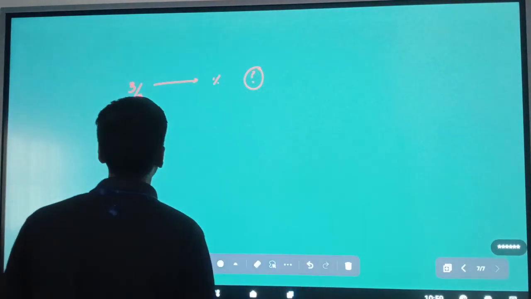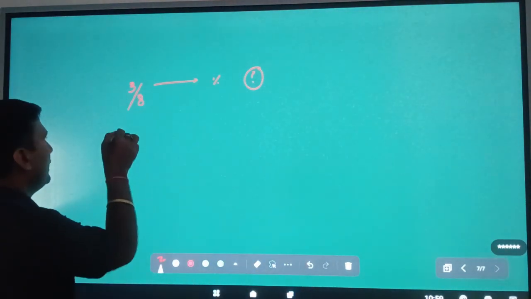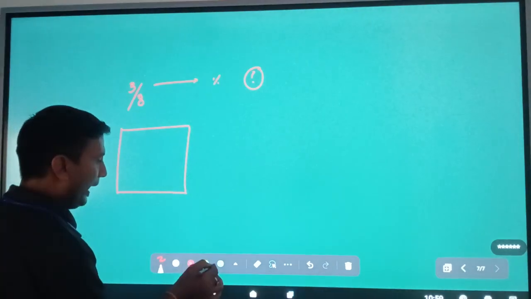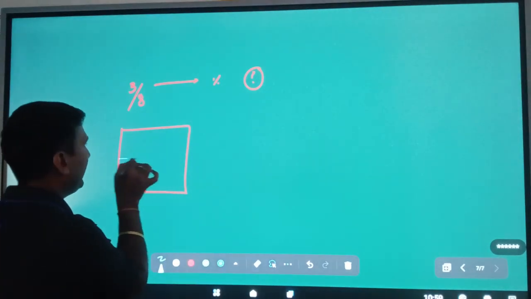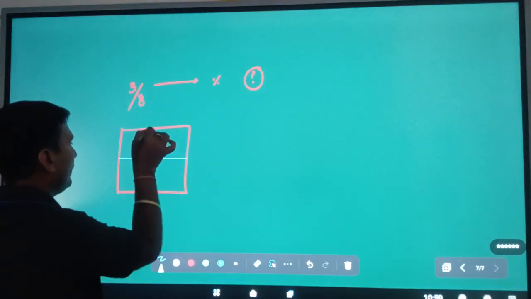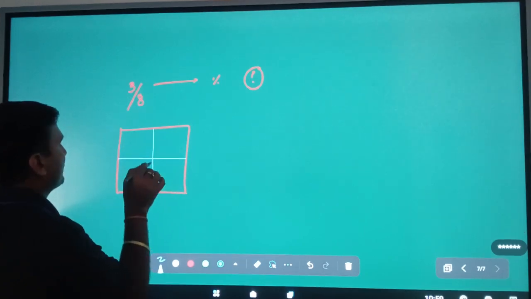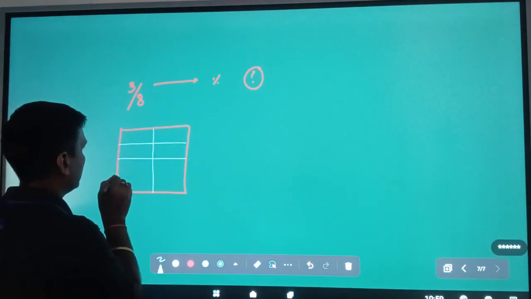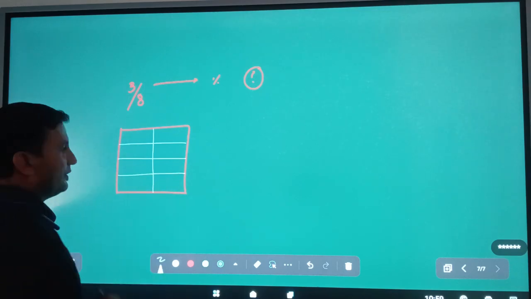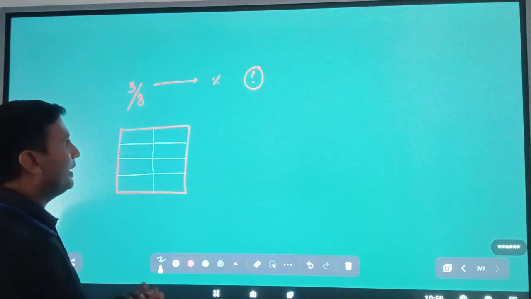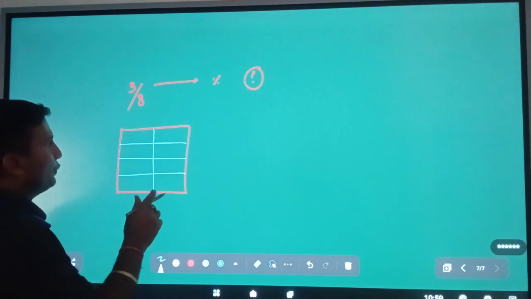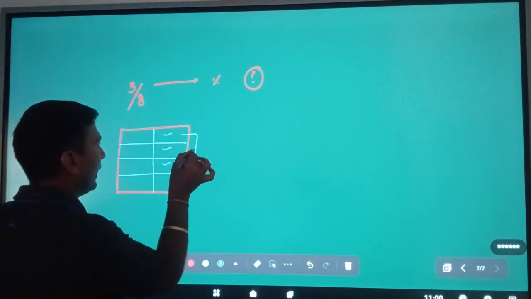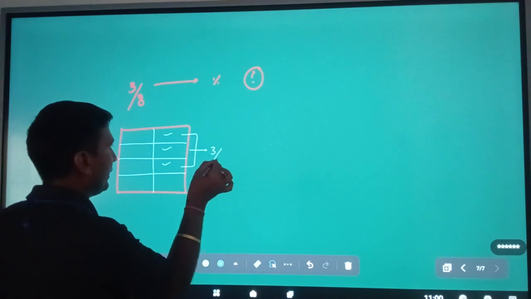So suppose there is a paper sheet and we have divided it into 8 equal parts. So 3 by 8, this one and this one, this whole is composed of 3 by 8.